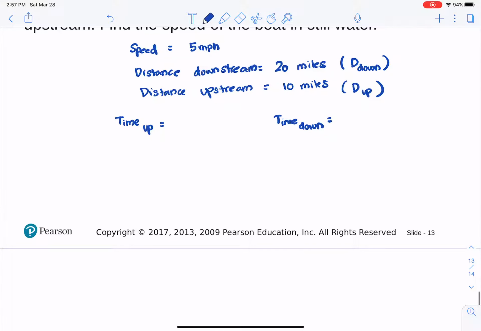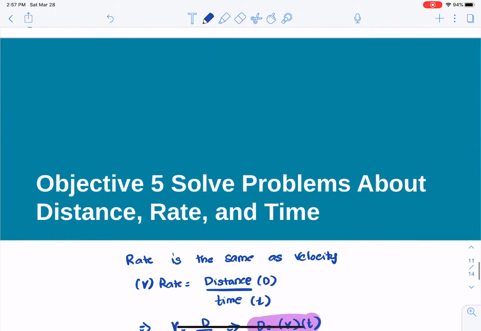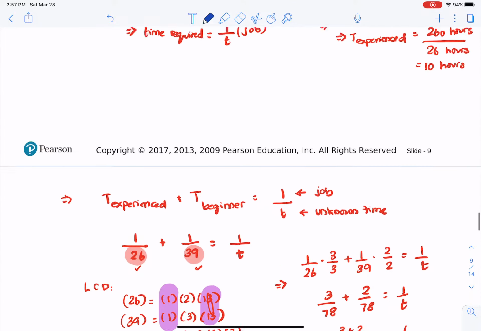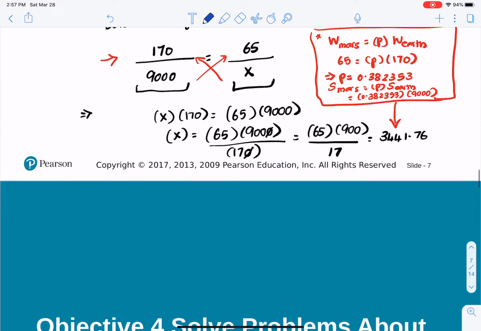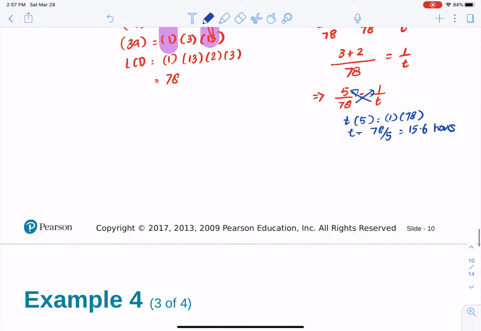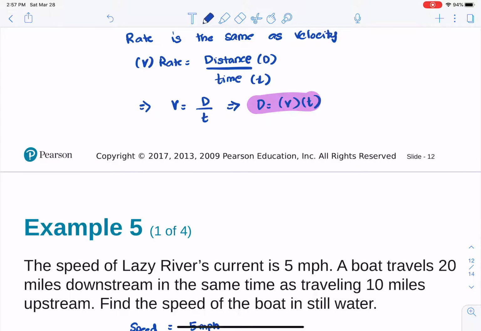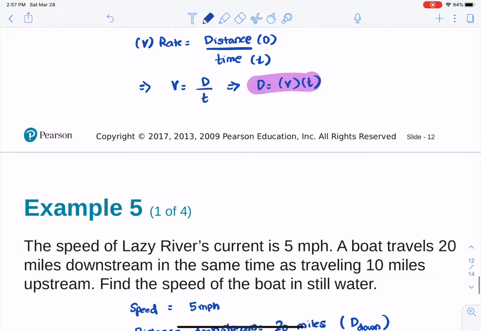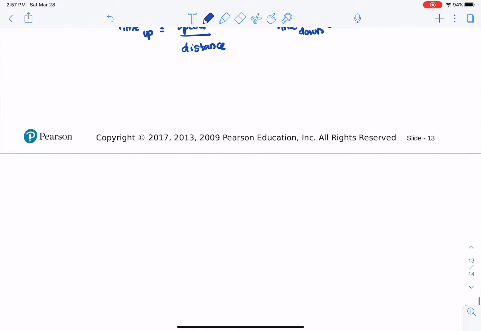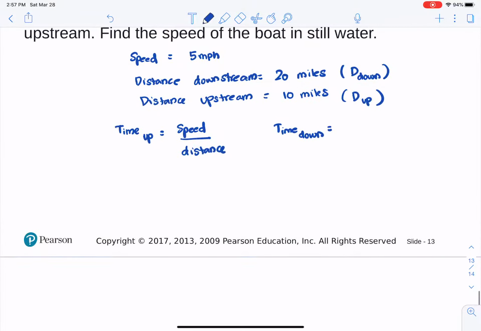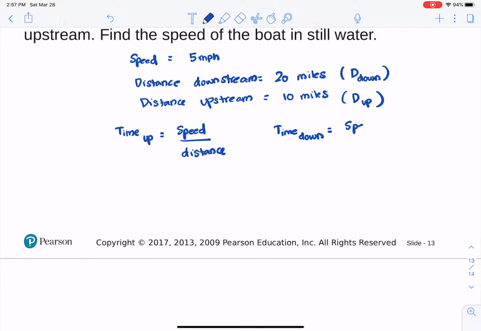Time is simply the distance divided by the speed. So I'm going back to that expression. Time is distance divided by the velocity, or velocity is distance divided by time. So the distance divided by the speed.